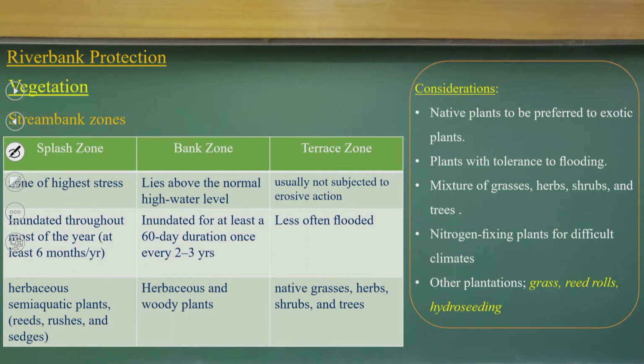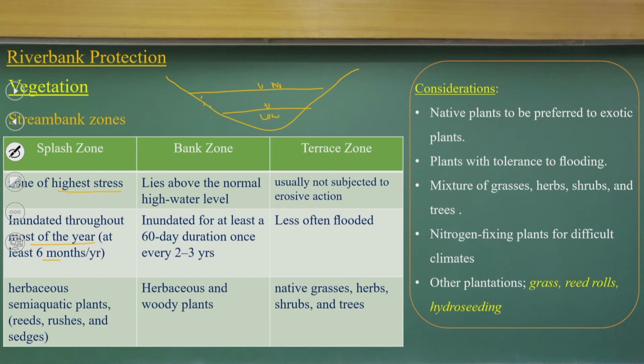Now, if you look at the next part, which is very interesting, what type of vegetation can we put in? If you look at a river bank like this, this is the flow, but there is a zone called the high stress zone, which is inundated throughout most of the years. This is the low flow, the normal flow.